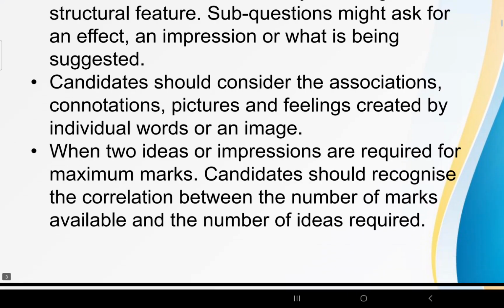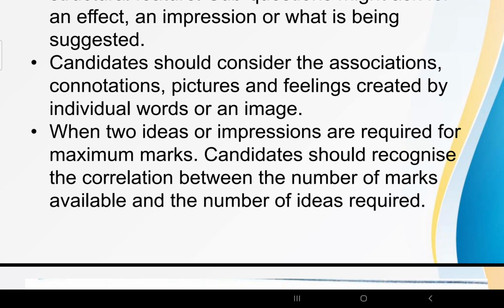Then we have: candidates should consider the associations, connotations, pictures and feelings created by individual words or an image. When you are writing about association, if the word rose is used in the text, rose is a sign, a symbol of love. If it has been used there, you can understand that something related to love is being discussed here.